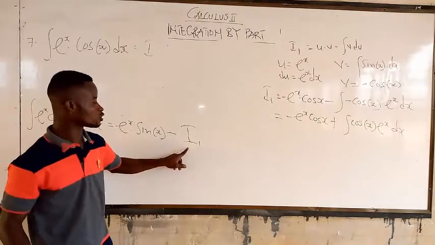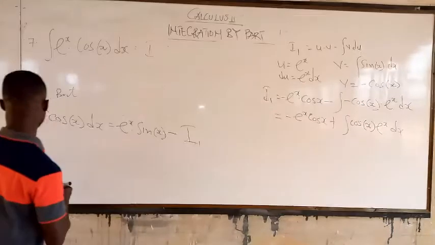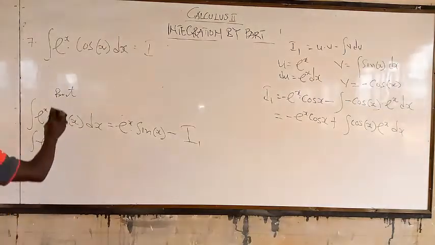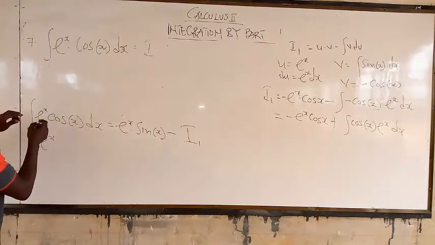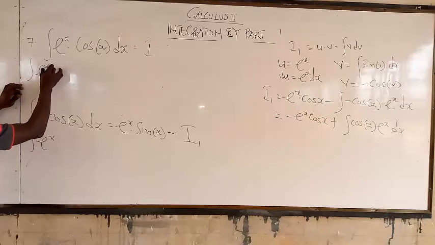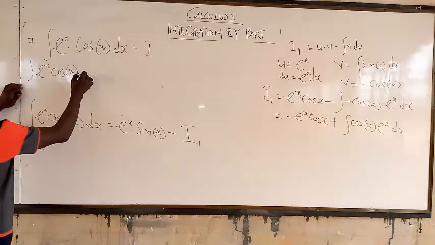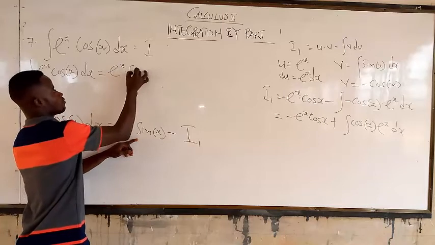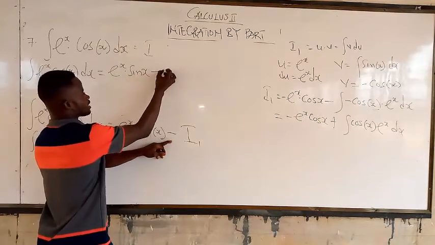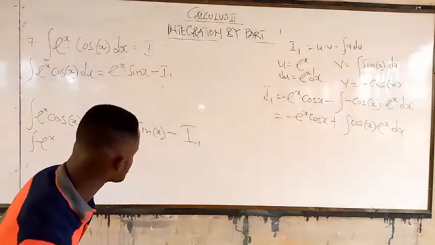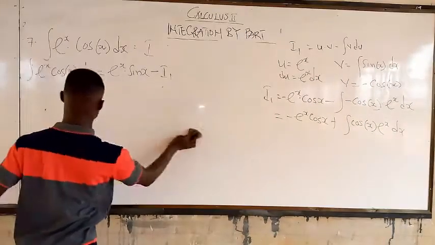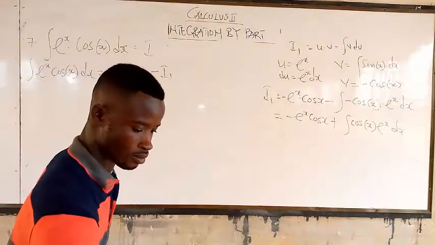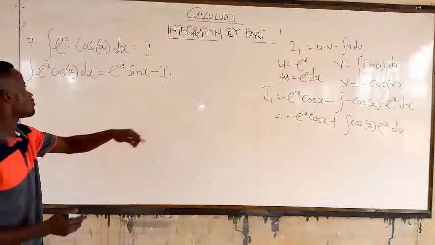And the I1 is what we are having here. Okay. So let's write e raised to the power s cos s ds is going to be equal to e raised to the power s sine s minus I1.